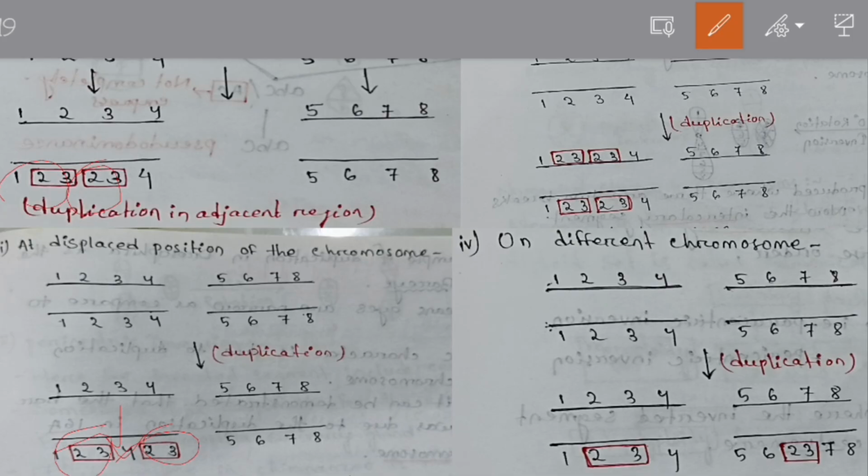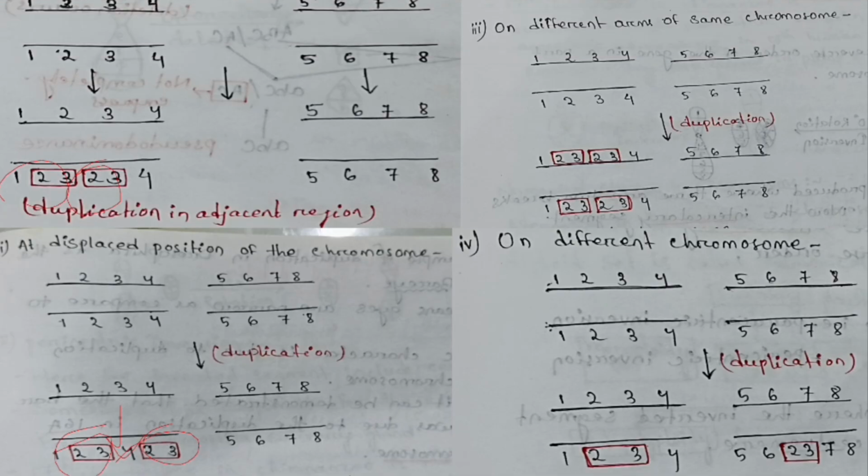Then on a different arm of the same chromosome, it takes place in two different arms of the same chromosome, 2 3 2 3. Then on a different chromosome, here 2 3 get duplicated and placed in a different chromosome, so it is called on a different chromosome.